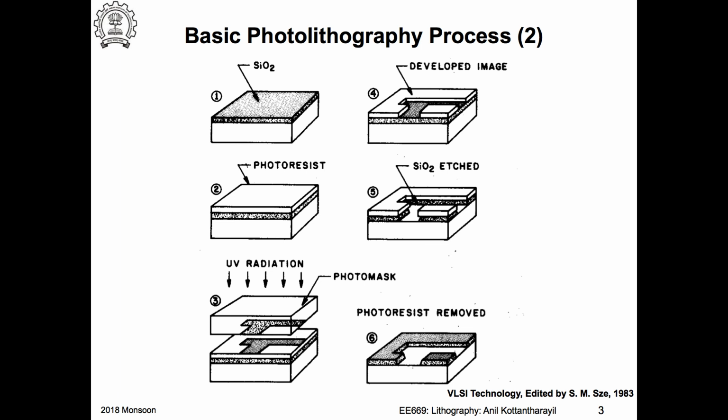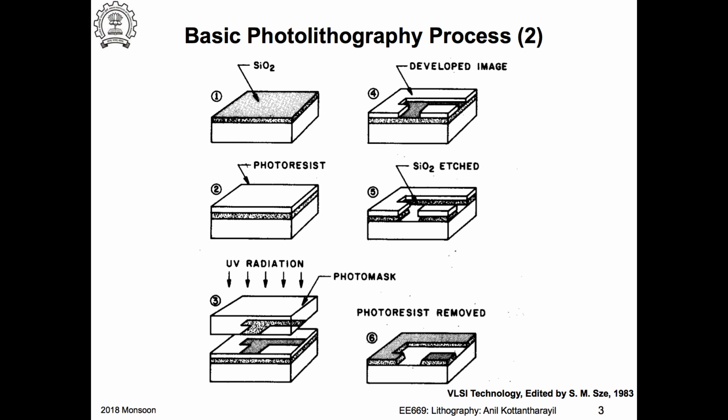Subsequently the photoresist has to be removed. Usually this photoresist contains organic compounds, so you can remove it in organic solvents like acetone, isopropanol, and so on, or other solutions like sodium or potassium hydroxide. So you remove this and you get this pattern on the silicon dioxide.